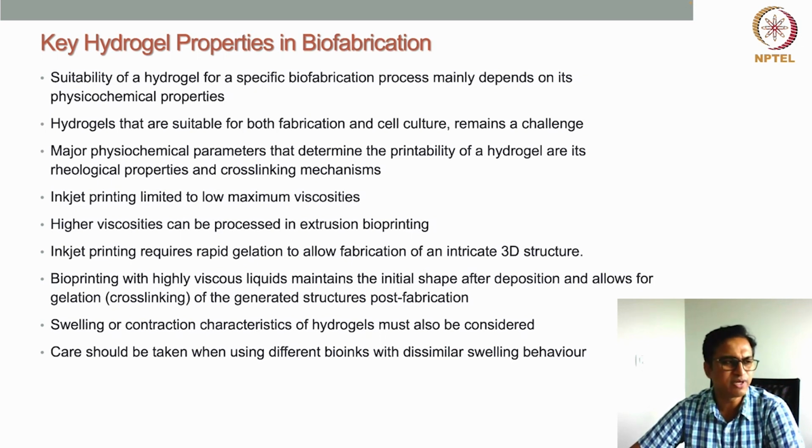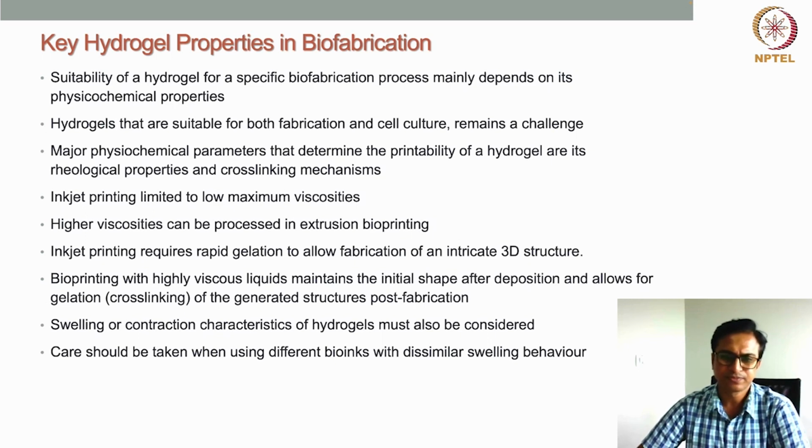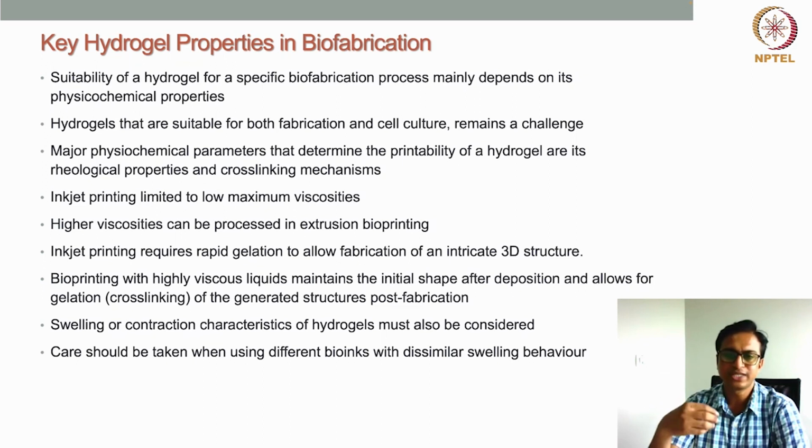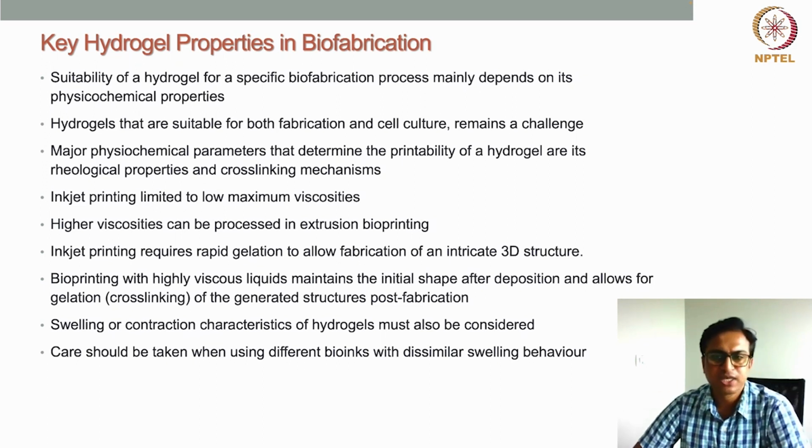Because we must have understood, or in the last few lectures I have stressed on this, that the most important property of bioink, when it is inside the syringe before extrusion, is flowability, so that it should flow through the nozzle and come out upon application of pressure.